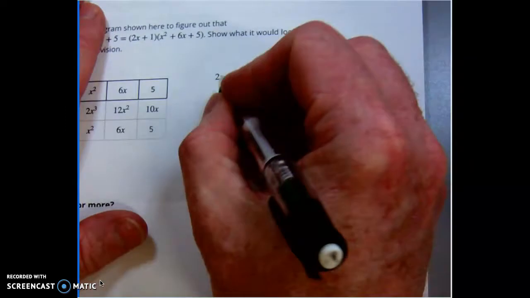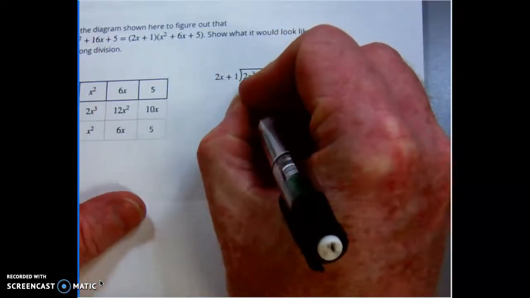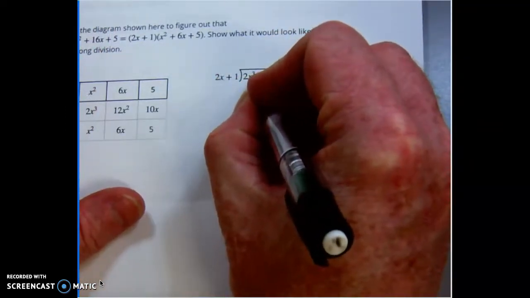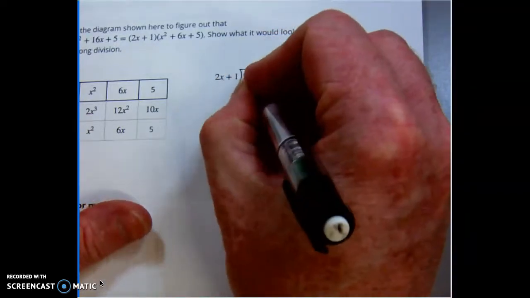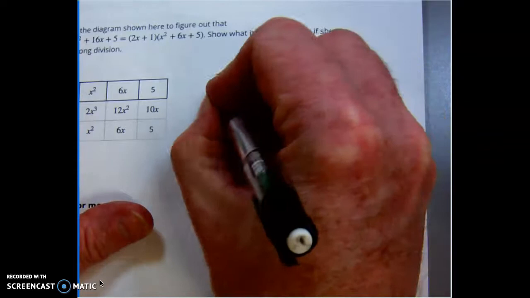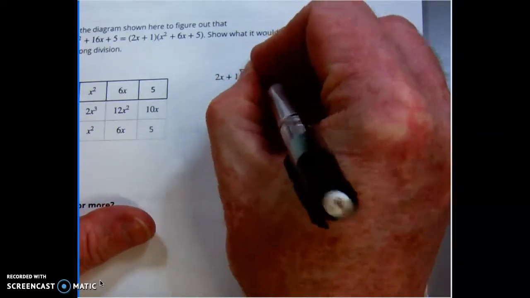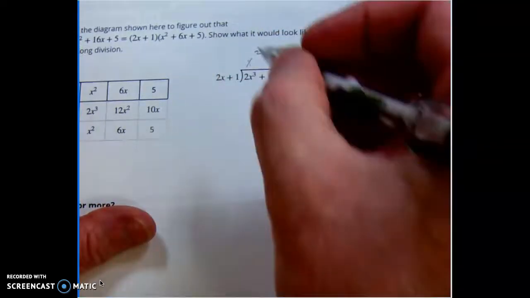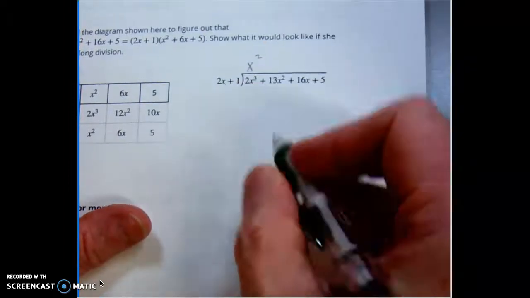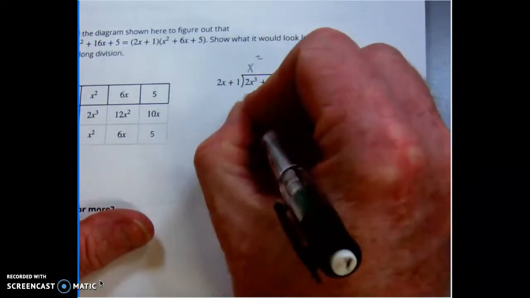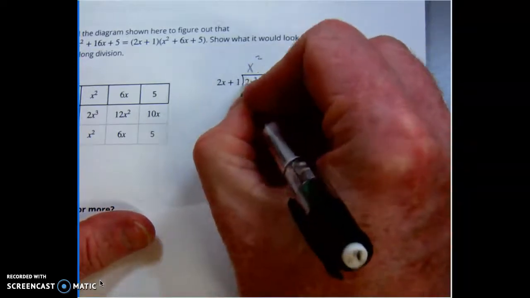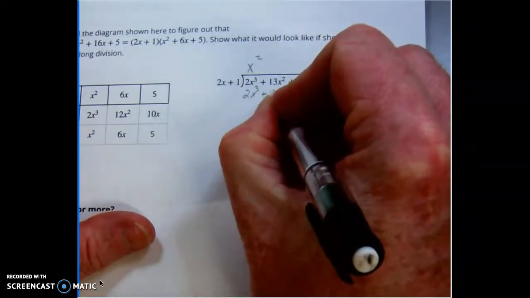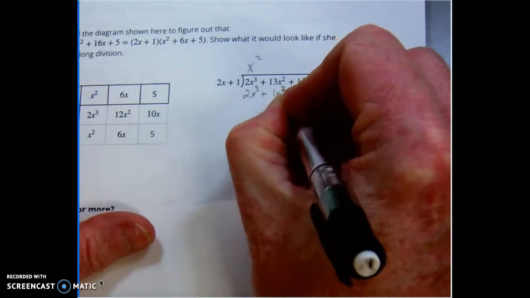All right, so 2x times what gives us 2x to the third? So 2 times what gives us 2? Well, that's 1. And I want 3 x's, I already got one, so I need 2 more of them. So I need an x squared. So x squared times 2x is 2x cubed. x squared times 1 is plus 1x squared.